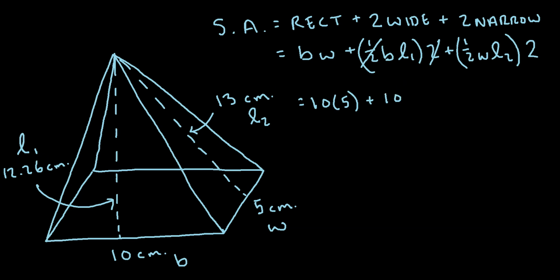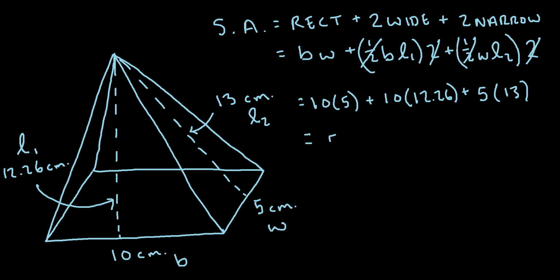So let's say 10 times 12.26. And then lastly, over here we also have a 1/2 times a 2. So those just multiply to 1, so we can cross those out. So we just need to find W times L2. So W is 5, and the slant height 2 is 13. So let's see what we get.